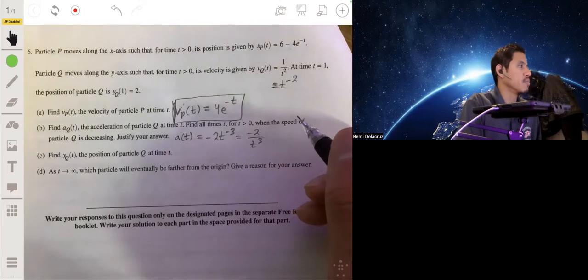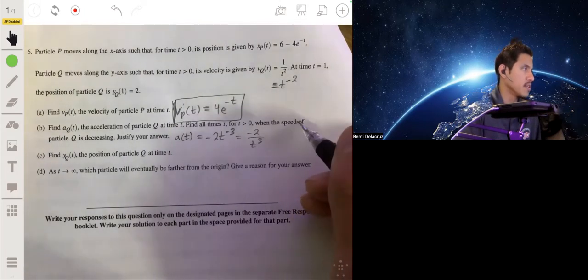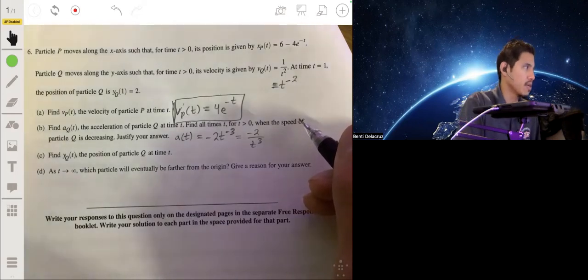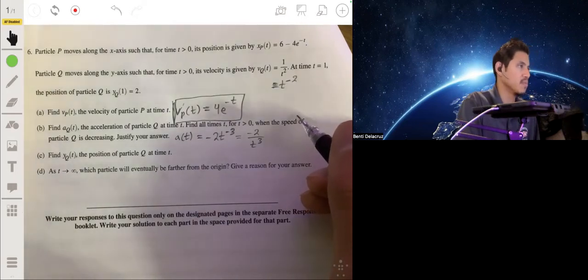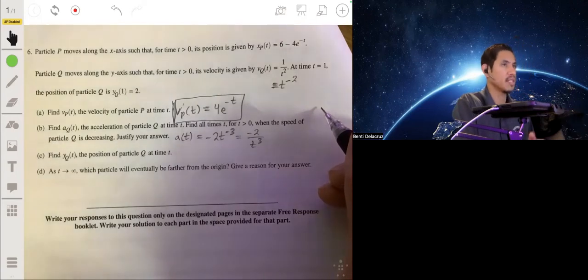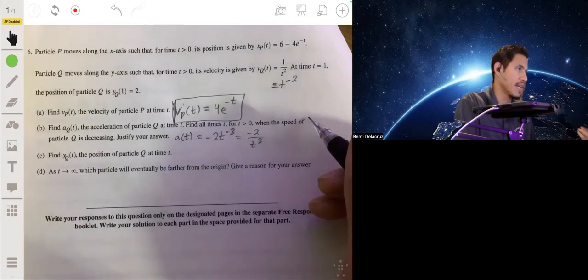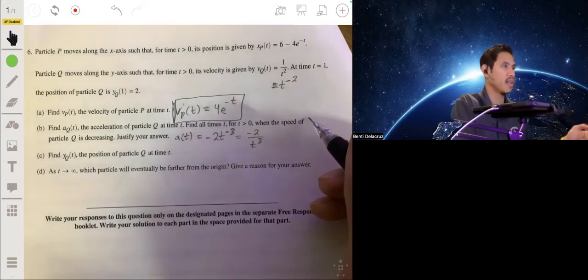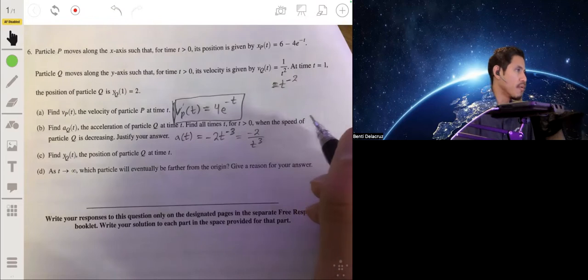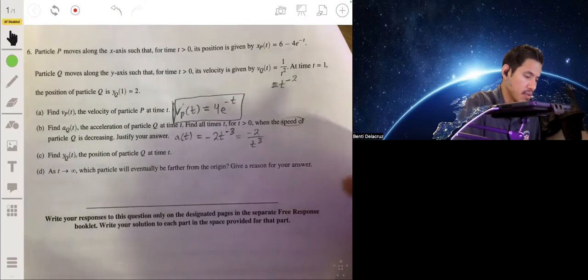The speed will be decreasing when the velocity is positive but the acceleration is negative, because that means it's moving in the positive direction, but the acceleration is pointing in the negative direction. So acceleration is going against velocity essentially.